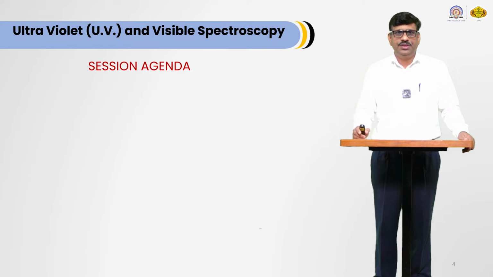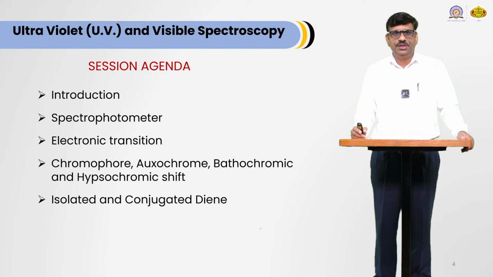Student, today we are going to see ultraviolet and visible spectroscopy. In this session, we are going to see what is UV and what is visible spectroscopy. We are going to see the instrumentation of spectrophotometer.